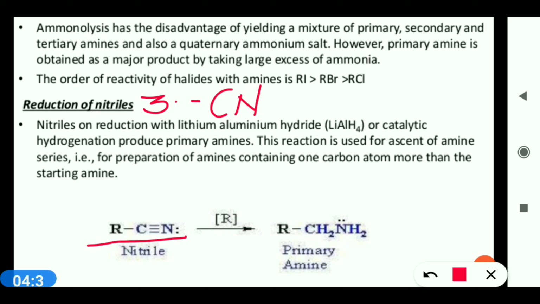when it is reduced, reduction will take place. So reduction means addition of hydrogen. So it will be RCH2NH2. It will give rise to the primary amine.